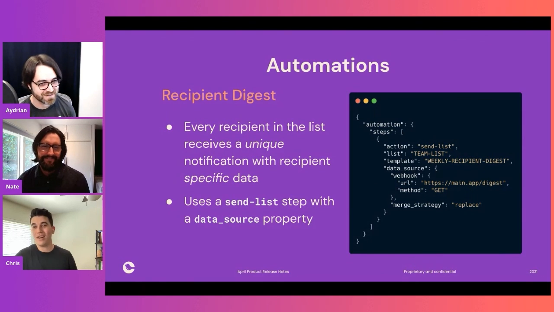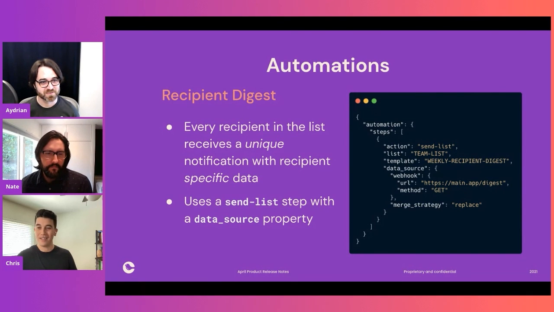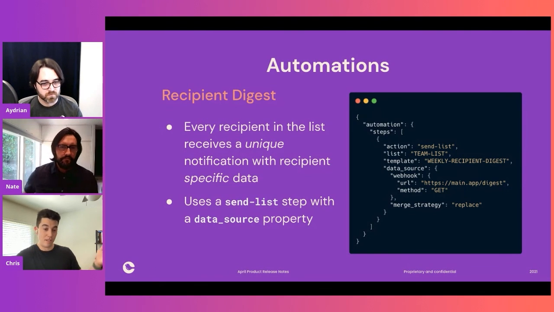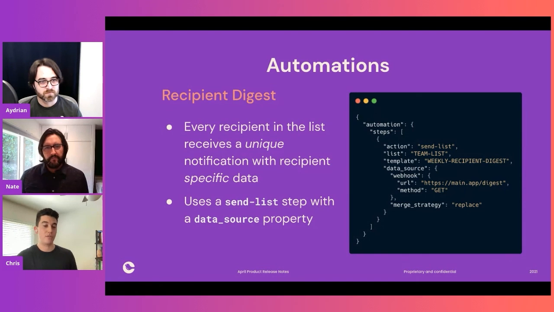Yeah, for example, imagine you have some type of e-learning platform where you have a bunch of students, and each student is enrolled in different courses. They have different grades. They've made different progress in their courses. So what you want to do is send them a weekly notification and give them a progress update and say, hey, this is where you're at in these courses, and this is your current grade in each of these courses.